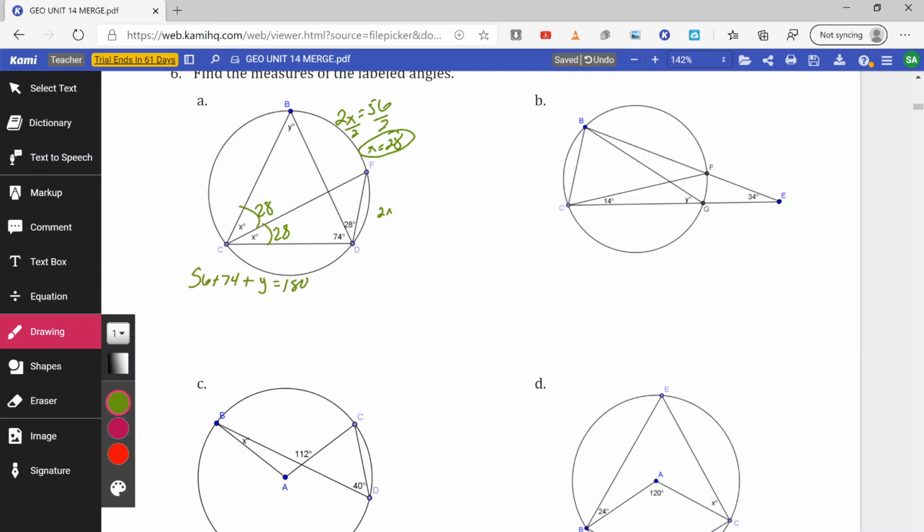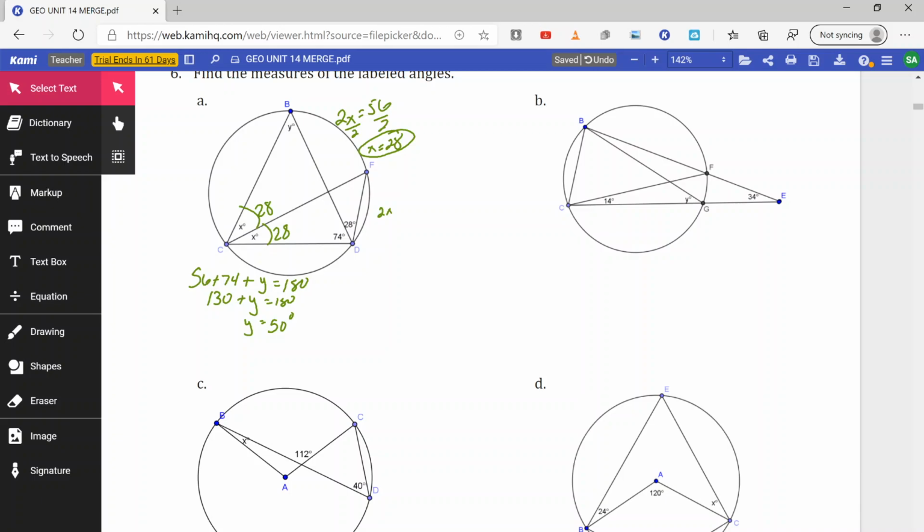If I combine my like terms, 56 and 74 gives me 130, plus y gives me 180. When I subtract 130, I get y is 50 degrees. So using the inscribed angle theorem and then the overall measurements of a triangle, I'm able to find x and y.